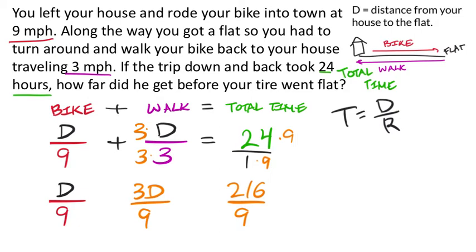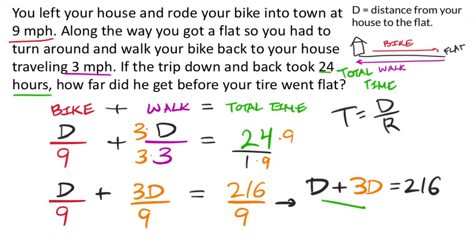Okay, so again, we're adding these together, and this should equal the final number there. But from this, I'm going to now change it into a single equation, but without the denominator. So D plus the 3D distances should equal 216. And from here, we just take our like terms and combine them.